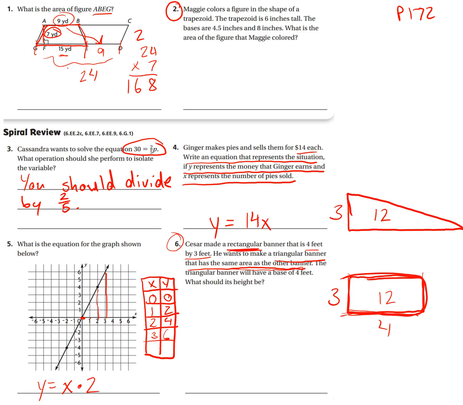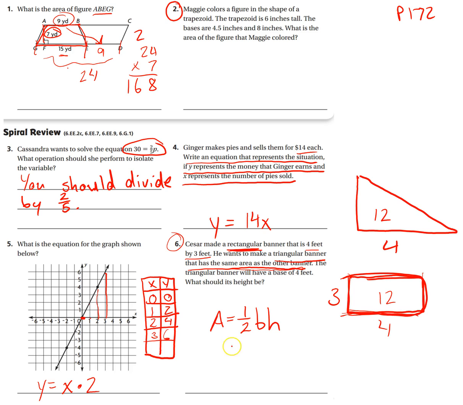So if the base is 4, what would the height have to be in order to get an area of 12? And I know the height's going to have to be bigger. So remember our formula for triangle: area equals 1/2 base times height. So right now we have 4 for the base.